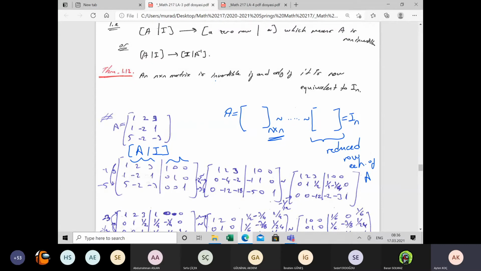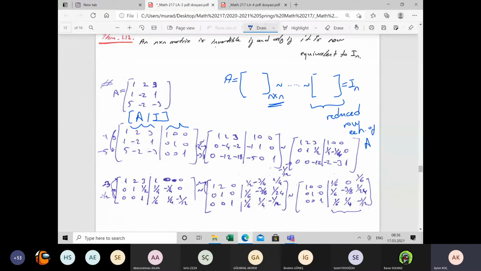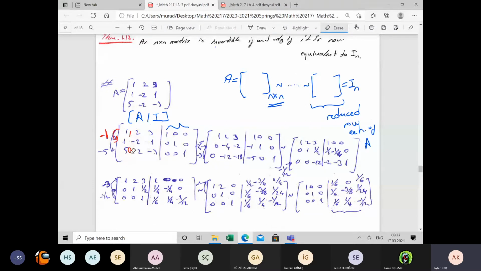Our aim is to get the reduced row echelon form of this matrix. First of all, I will use a different color, I think it will be better. Here we have the leading one, 1 0 0. Our aim is to get 0 0 below it. The first operation: multiply the first row by -1 and add to the second row to get 0.